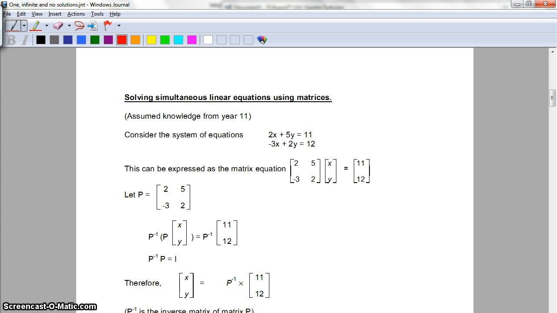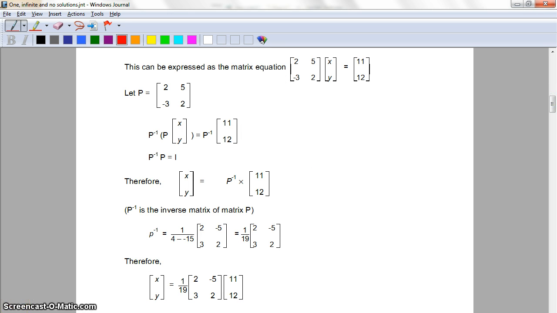The way to get the inverse of a matrix is a little bit tricky, and you don't really need to know why, you just need to know how it's done. To get the inverse of a matrix, you need to do two things. You need to work out the determinant, which I'll talk about in just a second, and you also need to modify the matrix.